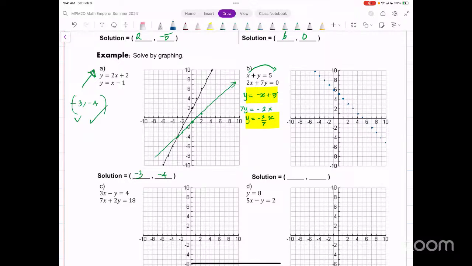And then -2 over 7x. So that means from the 0, you come down 2 units, and you go 7 units to the right. 1, 2, 3, 4, 5, 6, 7. Oh yeah. That's the point of intersection. I can see it.